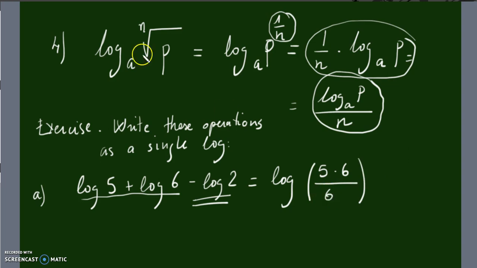Oops, sorry, I made a mistake. So in the denominator 2. So this is the same as 5 times 6 is 30, 30 over 2 is 15. So this logarithm is the same as this. If you don't believe me, try to calculate this with your calculator, then calculate this, and you will see that it's the same.